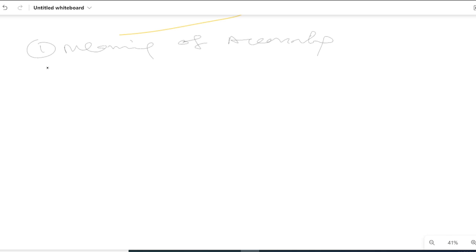This is the first thing we are going to look at. What is accounting? Accounting is the art of recording, classifying, summarizing, analyzing financial transactions of a business, presenting and communicating the information to take major decisions on day-to-day operations. This is the definition of accounting.